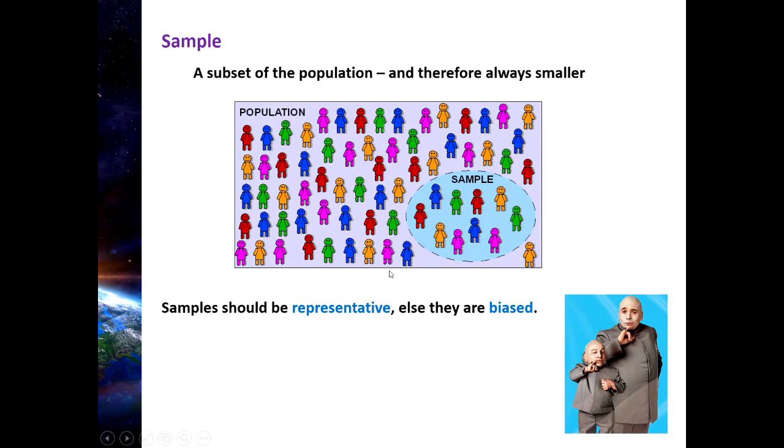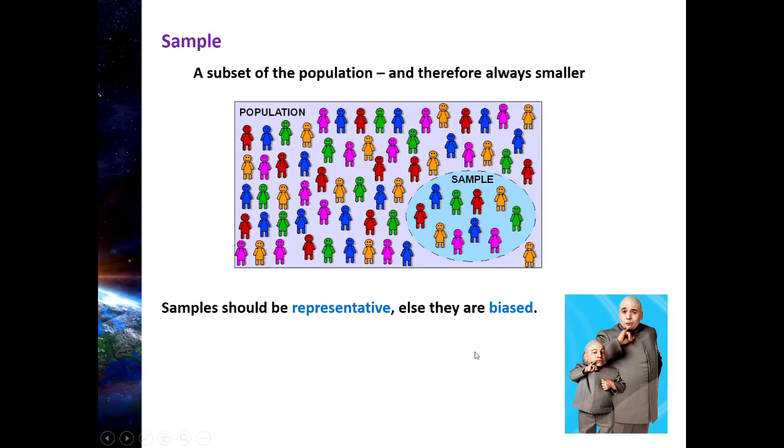Now, you can appreciate that might actually be hard to get, right? How do we get a sample that's representative so that, if there are a gazillion characteristics in the population, we have a gazillion characteristics in the sample? We have fewer people, but those characteristics are still there.